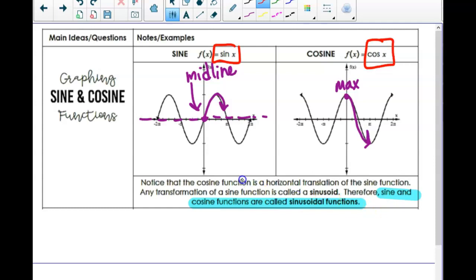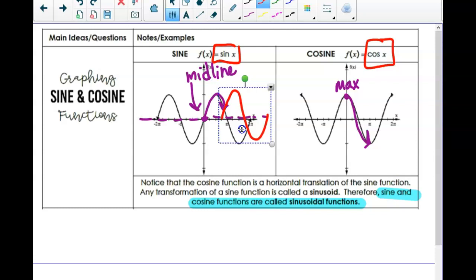Notice that the cosine function is simply a horizontal translation of the sine function. In other words, it's shifted left or right. It doesn't matter because it repeats, okay? Let me do this real fast. If I do this in red and I grab it with my cursor, do you see that I can translate that to the left and it'll become a cosine, with the max at the y-axis, or I can shift it to the right.